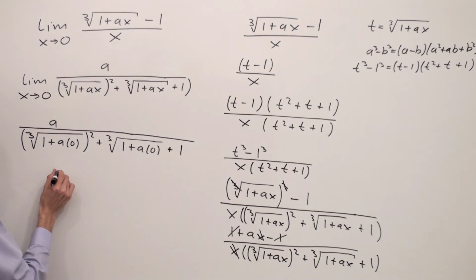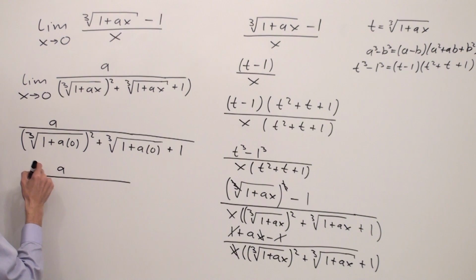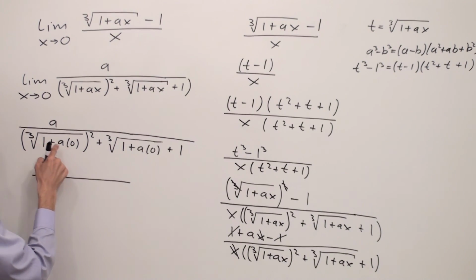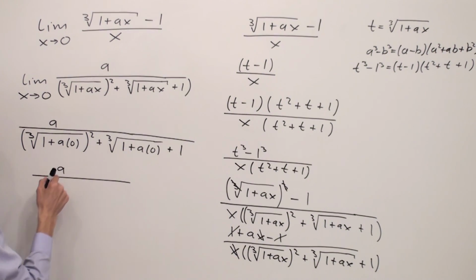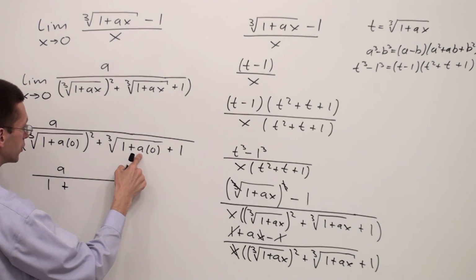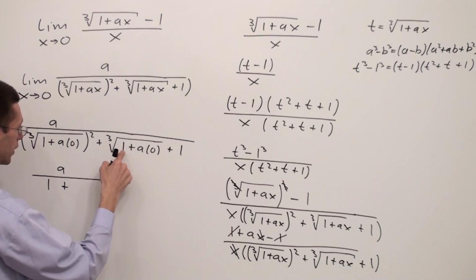I have a over: a times 0 is 0. 0 plus 1 gives me 1. Cube root of 1 is 1. 1 raised to the second power is equal to 1, plus a times 0 is 0. 0 plus 1 is 1.